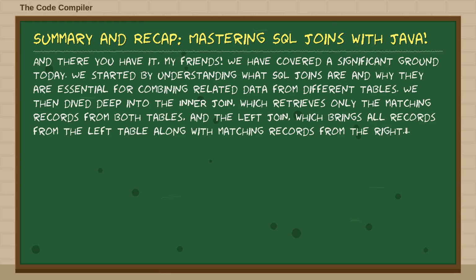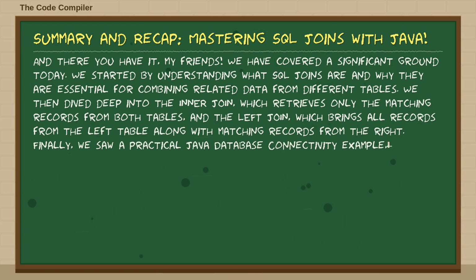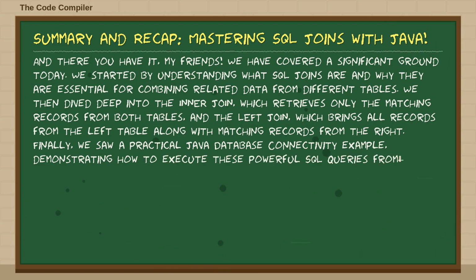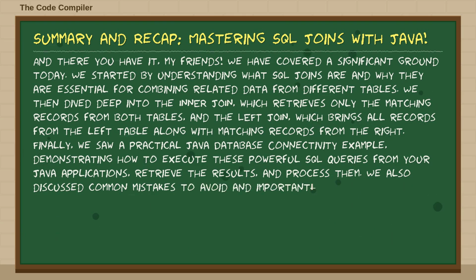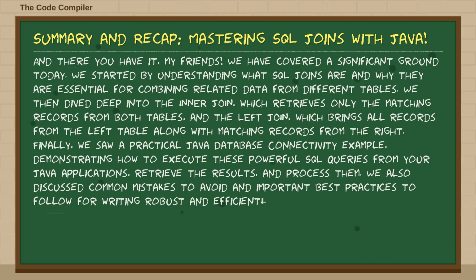Finally, we saw a practical Java database connectivity example demonstrating how to execute these powerful SQL queries from your Java applications, retrieve the results, and process them. We also discussed common mistakes to avoid and important best practices to follow for writing robust and efficient code.